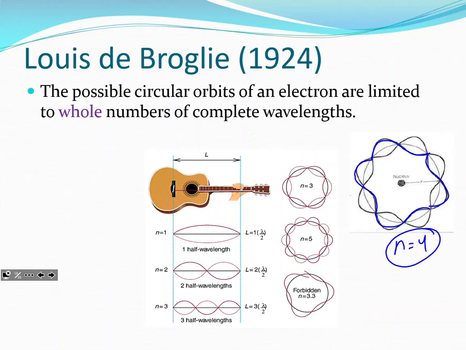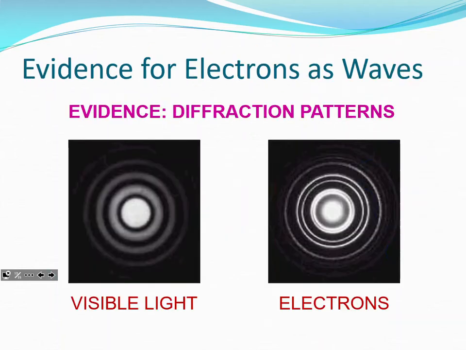Another thing that he showed was that the possible circular orbits of electrons are limited to whole numbers of complete wavelengths. So encircling around, say, a nucleus here, they would be in perfect whole number wavelengths. So like 1 wavelength, 2 wavelengths, 3 wavelengths, 4 wavelengths. This one would have 4 wavelengths being able to go around in its orbit.